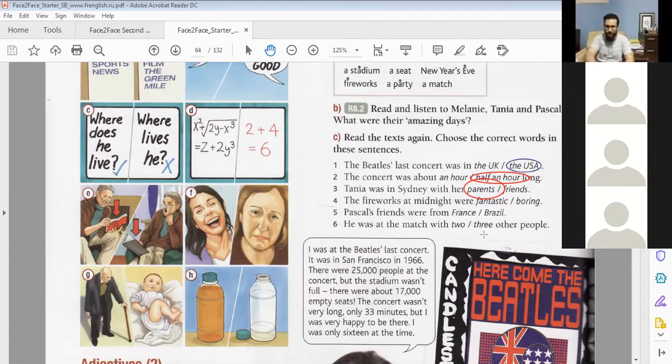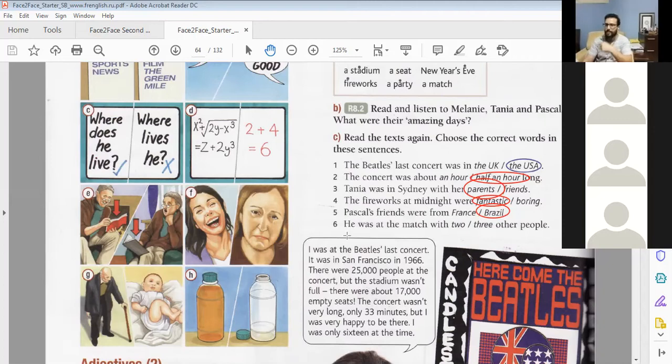Correct. Pascal's friends were from France or from Brazil? From Brazil. Correct. They were from Brazil.